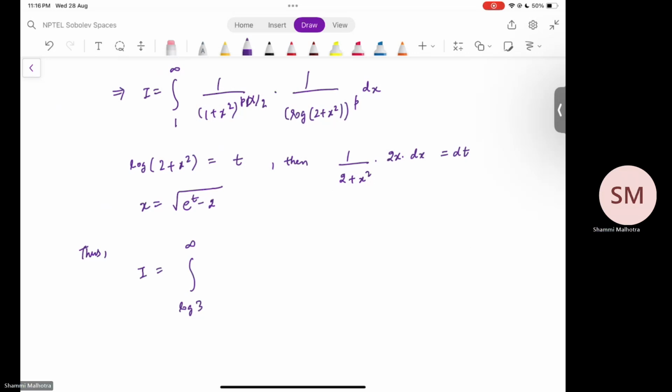This is 1 upon (e to the t minus 1) whole power of p alpha by 2, and this whole becomes 1 upon t raised to the power of p, and all the remaining things turn out to be half, e to the t minus 2, and this whole thing becomes e raised to the power of t dt.